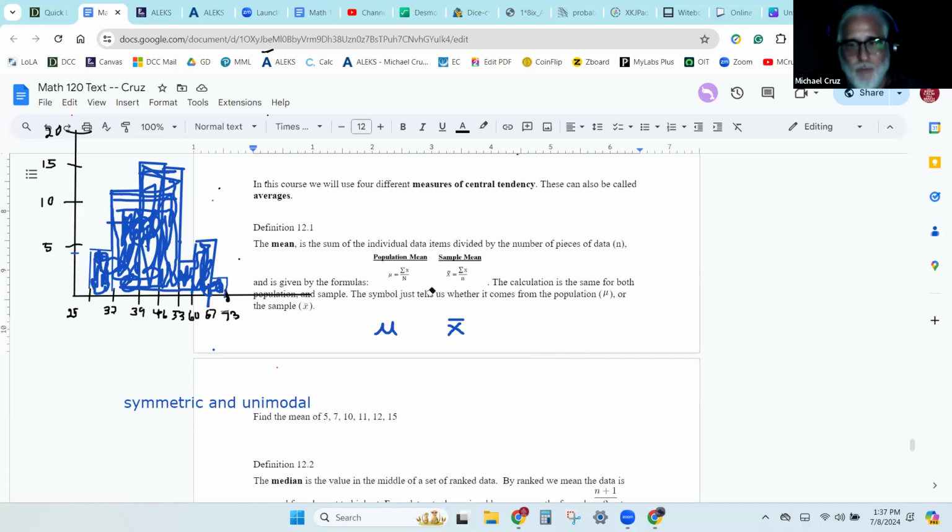So on this one right here, we would just do this. The mean is equal to, up here at the top, 5 plus 7 plus 10 plus 11.